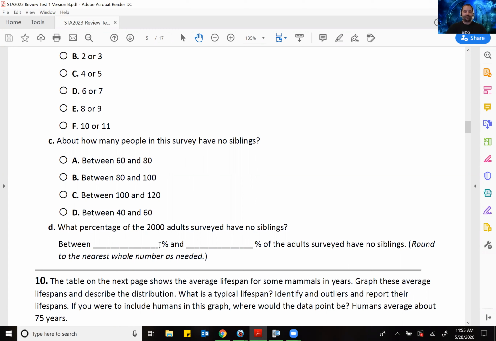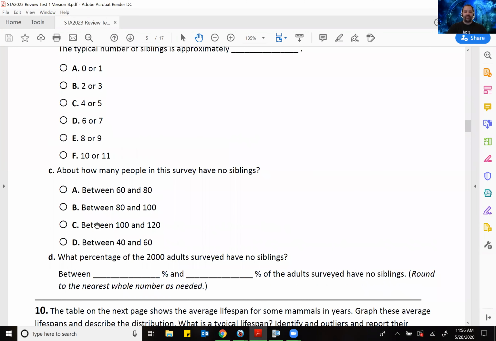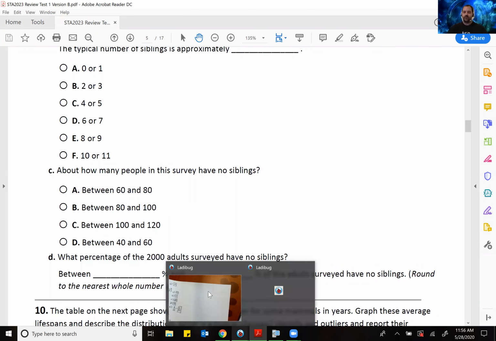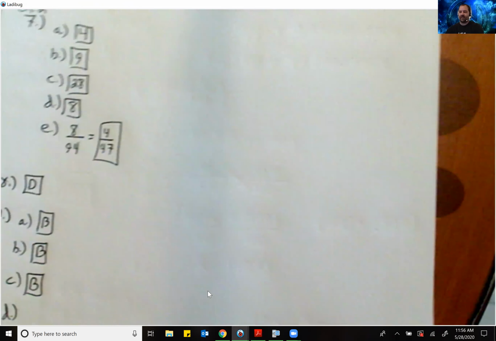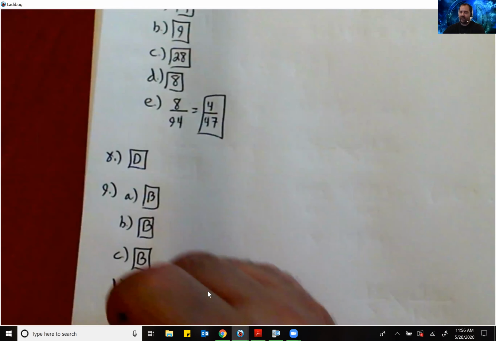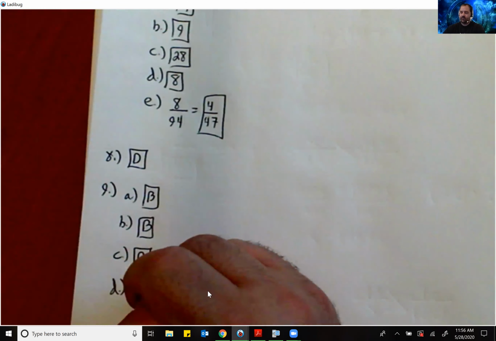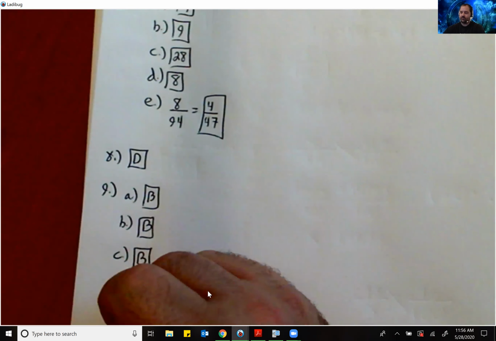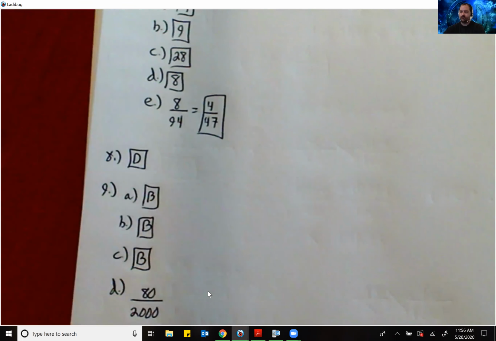So we know that no siblings is between 80 and 100, right? Yes. And we know that there are 2,000 adults. So they want to know the percent they're between. In order to find that percentage, we'll take 80 divided by 2,000 and get that percentage.